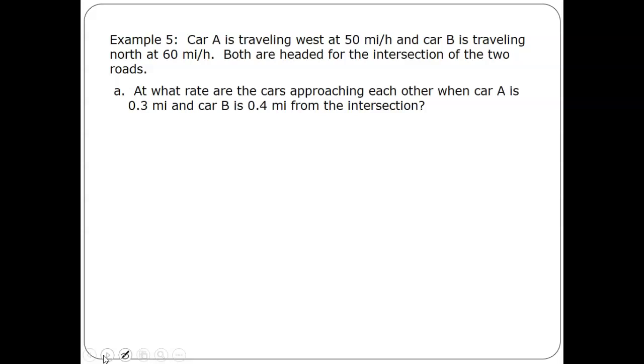Car A is traveling west at 50 miles per hour, and car B is traveling north at 60 miles per hour. So let's say this is the center of my compass. Car A is going west, car B is going north.